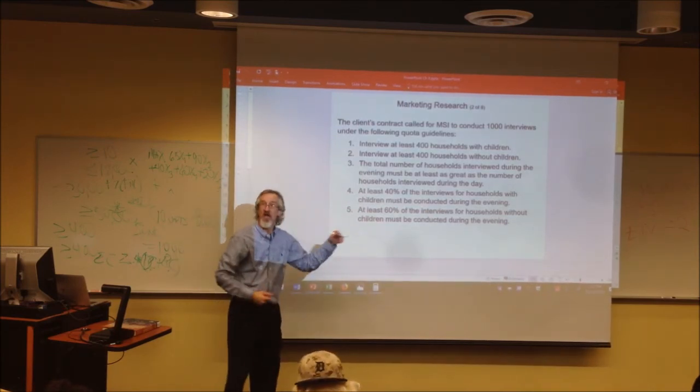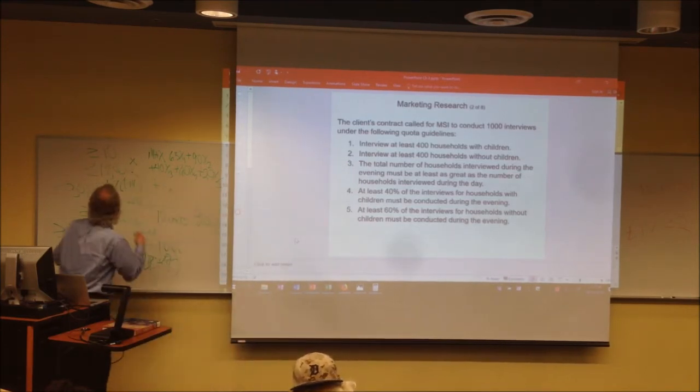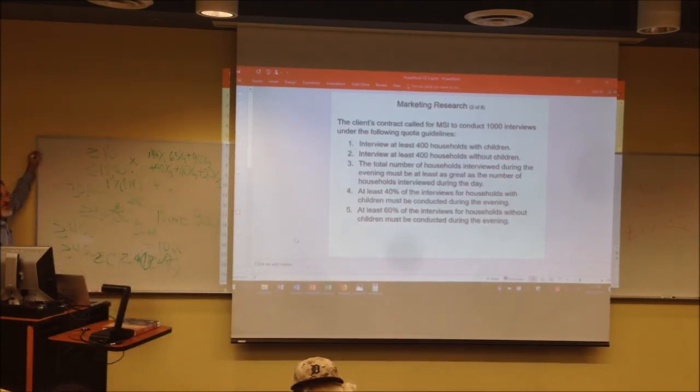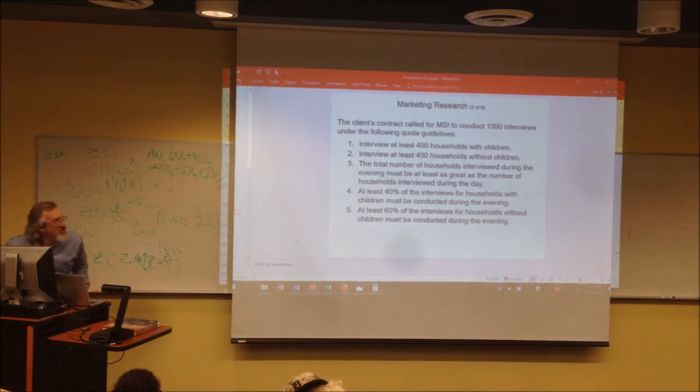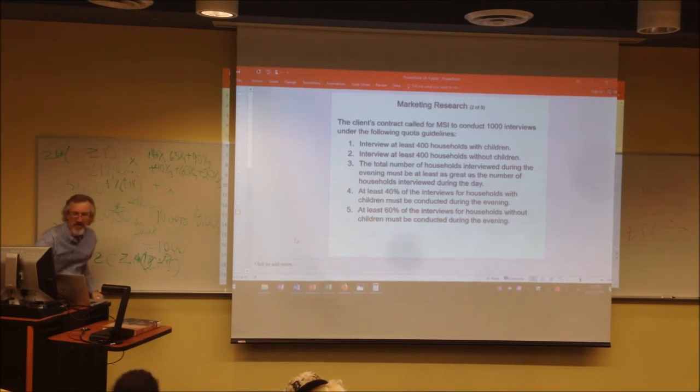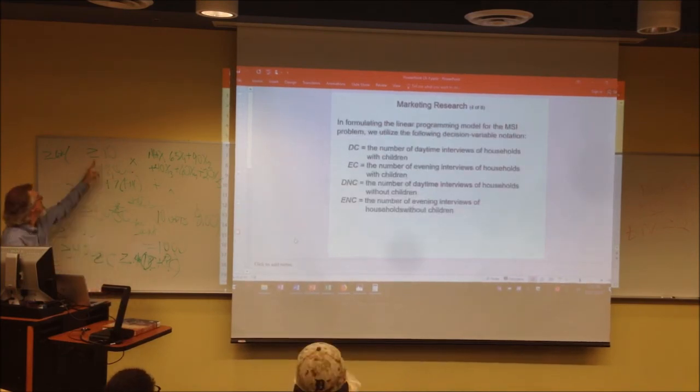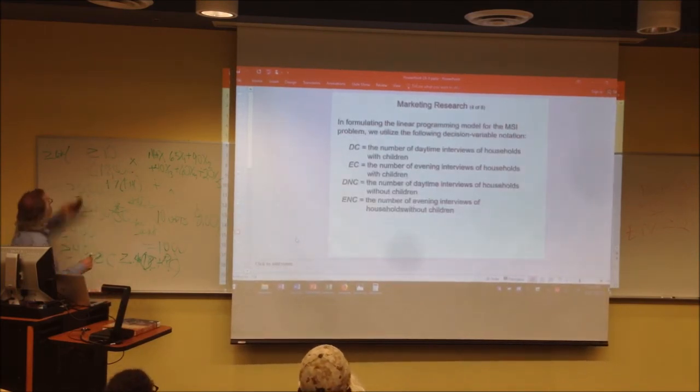Now we're going to do the other one. Help me through this. At least, what do I start with? Greater than or equal. At least 60%, 0.6 times. At least 60% of the interviews for households without children, times without children, hang on. What's in here? All the interviews without children would be in the parentheses.